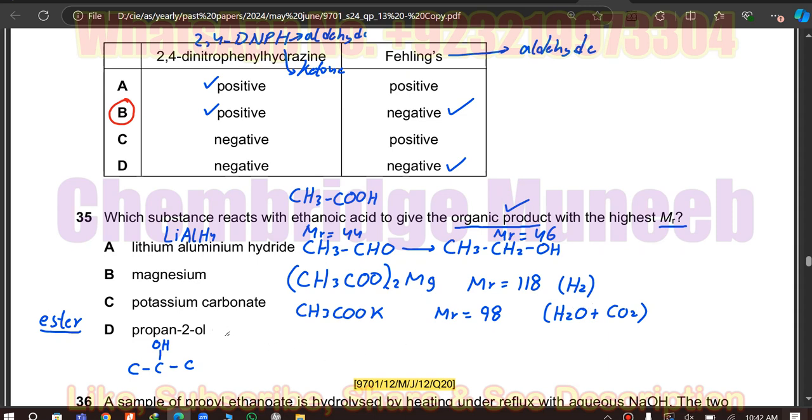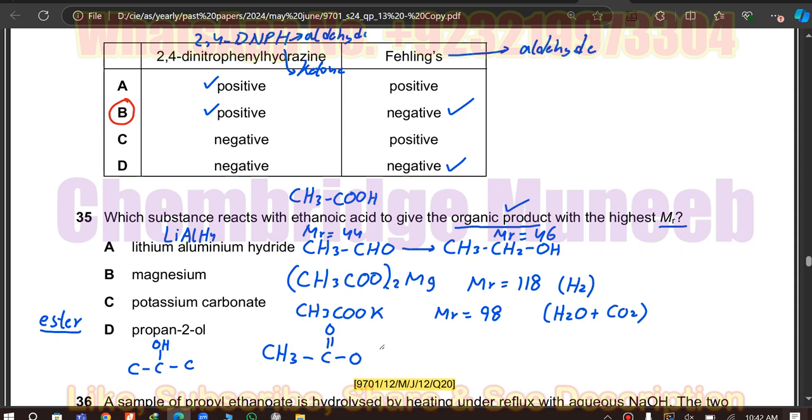Now for option D, we need to find the structure of the ester which will be obtained. So I'm going to draw the structure of the ester. This part will be from the ethanoic acid, and then we need to connect it with this alcohol.